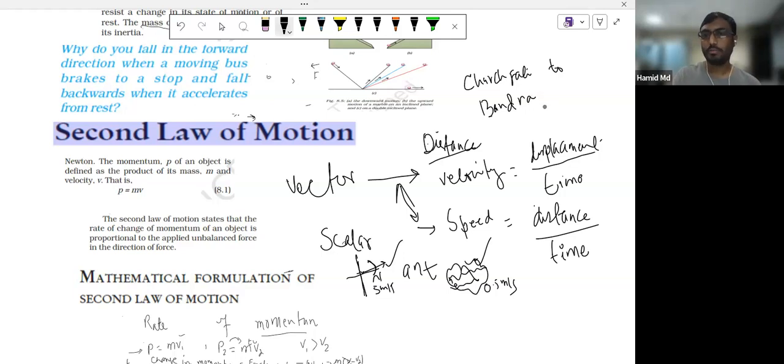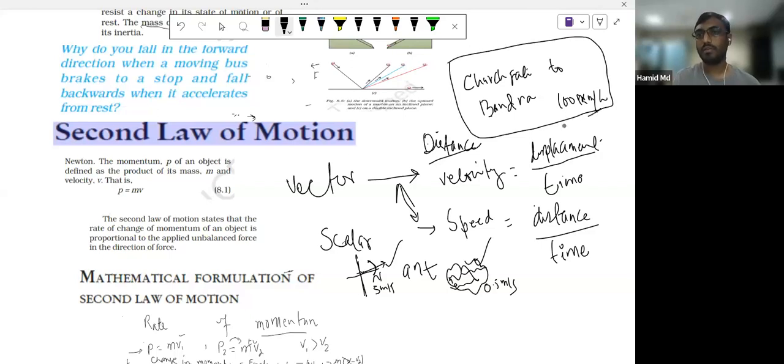Okay, with a speed of 100 kilometer per hour. So in which category will you put it? This is velocity or speed? We are heading toward Bandra from Church Gate with 100 kilometer per hour.